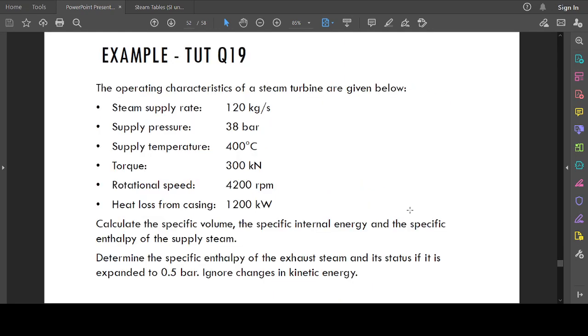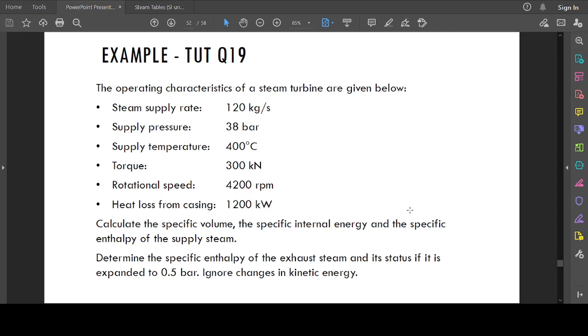Okay. So the second question is the operating characteristics of a steam turbine are given below. The steam supply rate is 120 kilogram per second, which is mass flow rate. Supply pressure is 38 bar. Supply temperature is 400 degrees Celsius. Torque is 300 kilonewton. Rotational speed is 4,200 RPM.